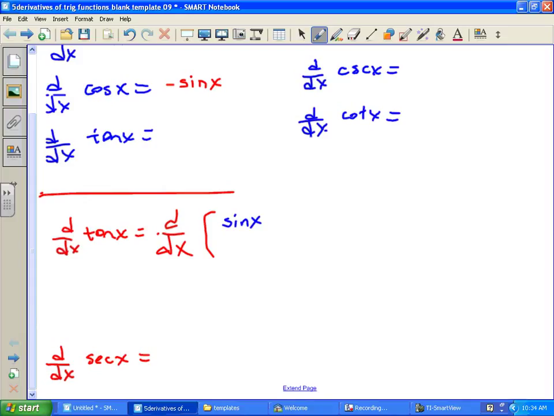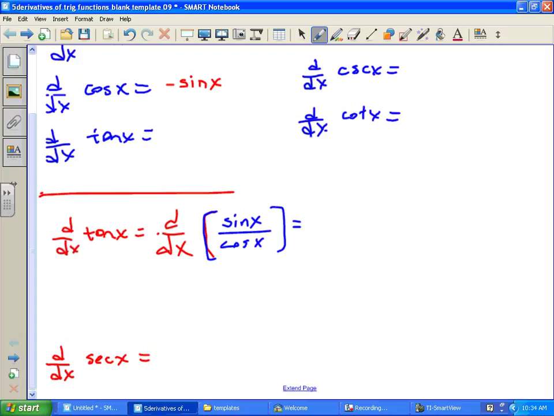Eli, any questions? Any comments? So we're going to find the derivative of sine over cosine. What rule should I use to differentiate this? How about the quotient rule, right?